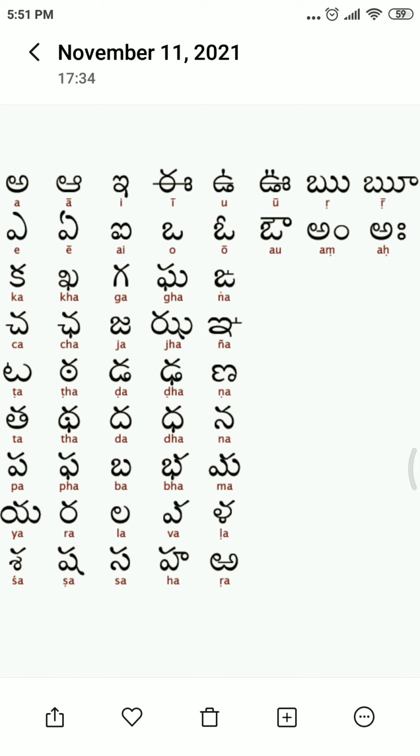We have in fact 1, 2, 3, 4, 5, 6, 7, 8, 9, 10, 11, 12, 13, 14, 15, 16. We have 16 vowels in fact, not just five vowels. So you can see the pronunciation here.